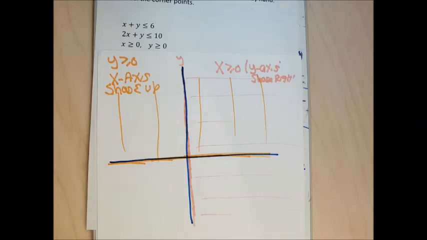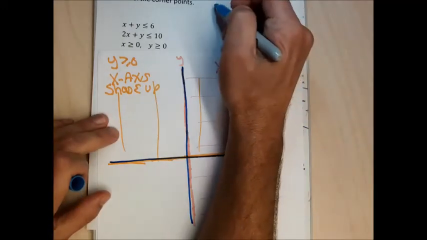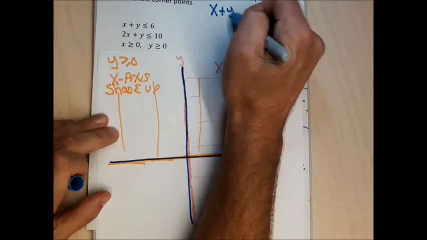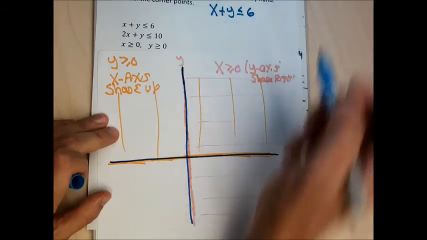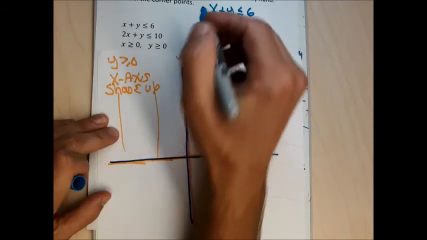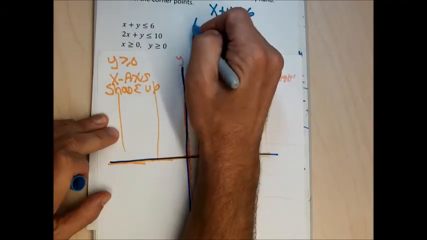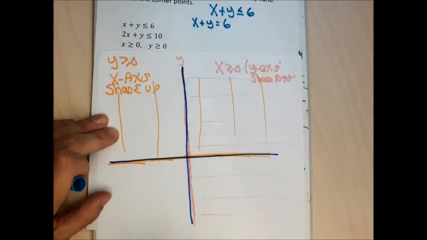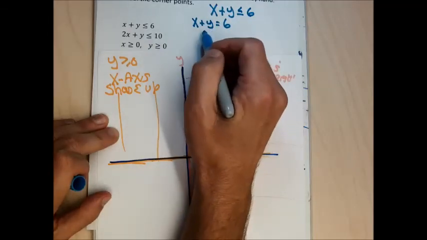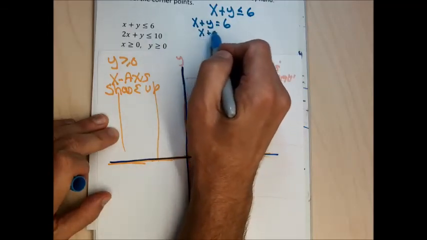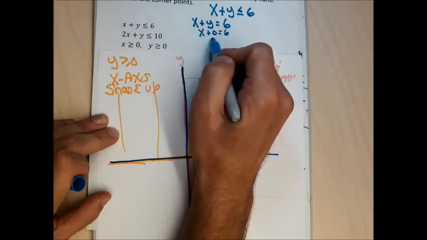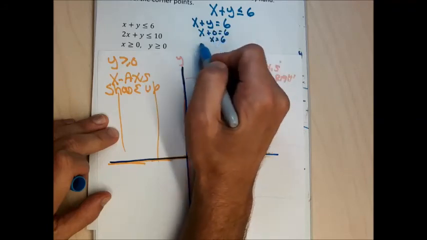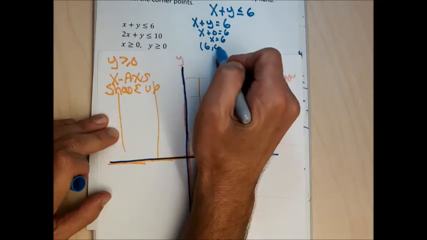The third graph I'm going to do is x plus y is less than or equal to 6. I'm first going to find the x-intercepts and the y-intercepts of x plus y equal to 6. I'll plug in 0 for y, and that will give me x equal to 6. That's going to be the x-intercept of a point 6, 0.